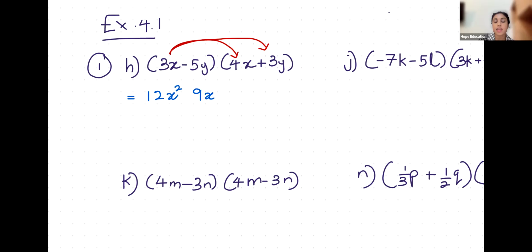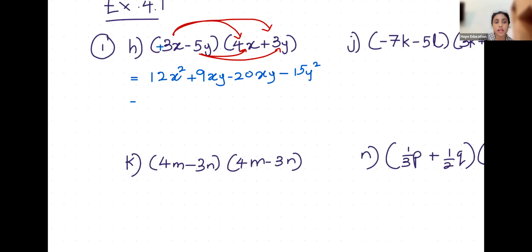And here plus, so plus times plus is plus. Then 5y multiplied by 4x. 5 times 4 is 20. Y times x is xy. Minus times plus is minus. And here 5y times 3y. So 5 times 3 is 15. Y times y is y squared. Minus times plus is minus.